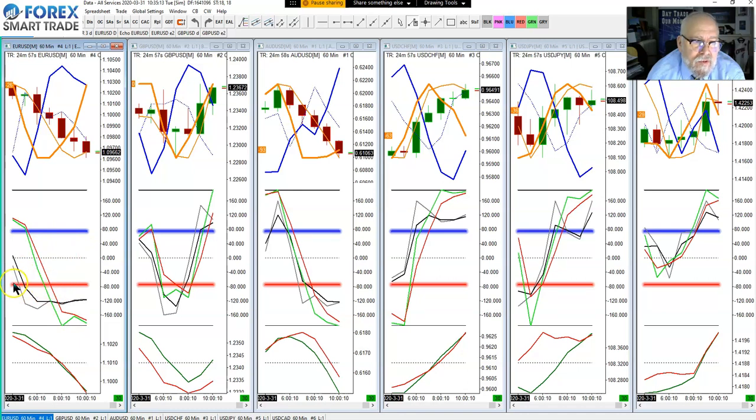I want the majors and minors to either be oversold, which is below this red line, or overbought, which is above this blue line. If they are oversold, I want all the lines pointing up and double crossed. I don't have that here. They're oversold, but the majors are still pointing down. Here I am overbought on pound dollar, and they're pointing up. So I want them overbought and pointing down.